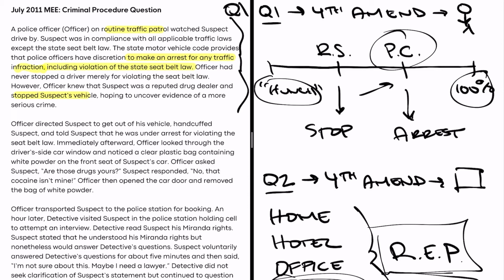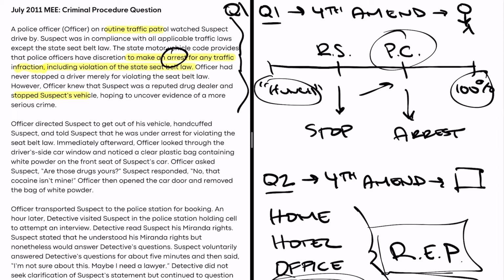So this statute gives him the ability to make an arrest for any traffic infraction, so long as he has probable cause to believe that a traffic infraction has occurred, which it looks like he's personally observed this driver not wearing his seatbelt. So that would be probable cause to make the stop and a subsequent arrest.